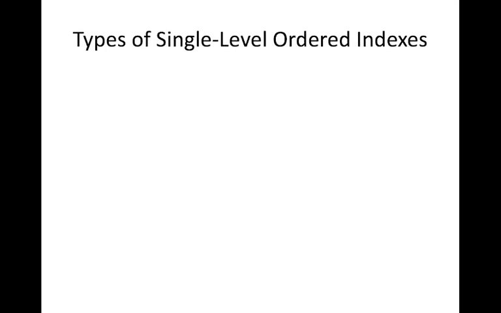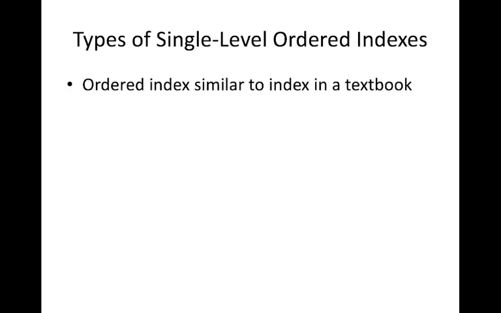First we will see types of single level ordered indexes. This is similar to the index in a textbook. If we look at the back of a textbook, there is an index, and in that index everything will be in alphabetical order.